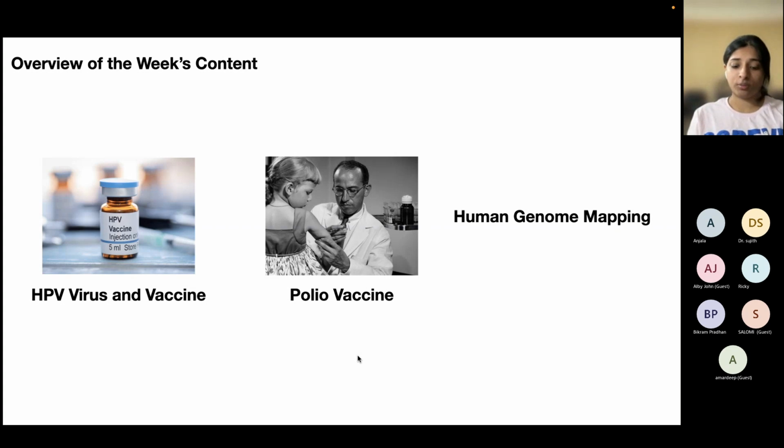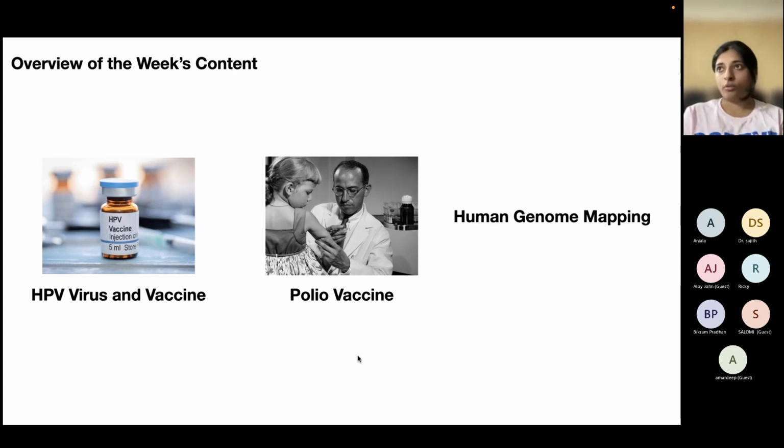Because of this, there was an urgent need for development of a vaccine. And again, when monkey testing and mice testing were not very feasible, scientists used HeLa cells and they found out what is an ideal vaccine candidate, and they tested the toxicity and all in HeLa cells, and later administered this vaccine to a large number of children.